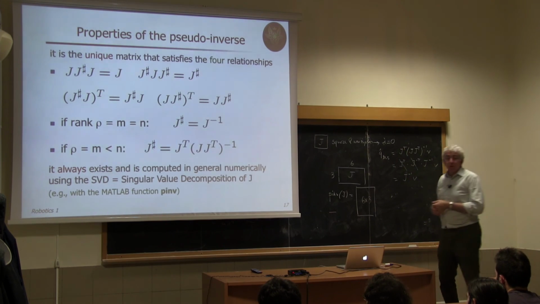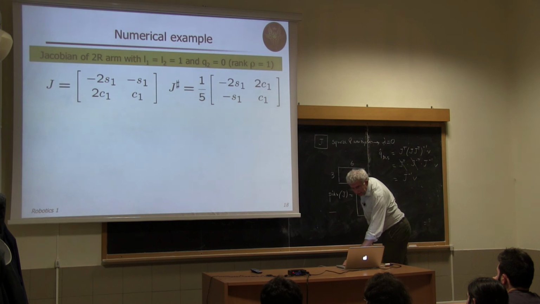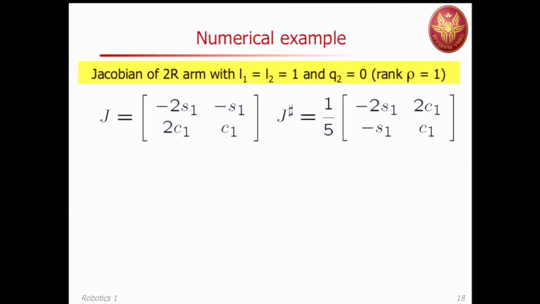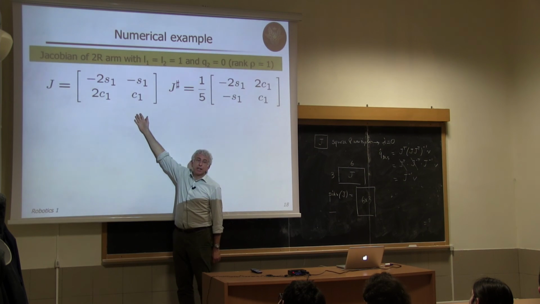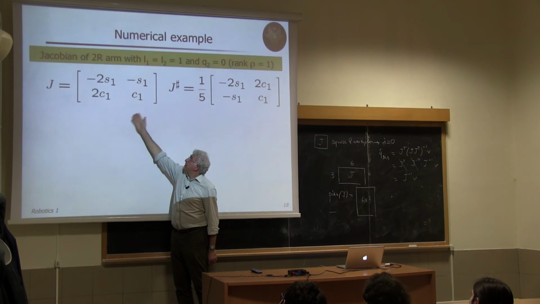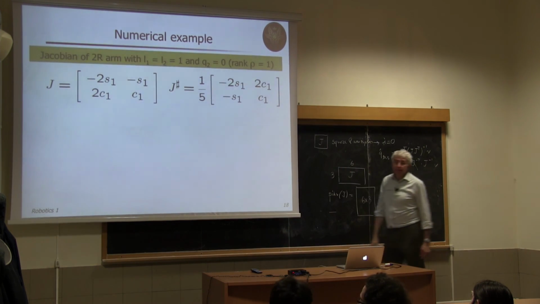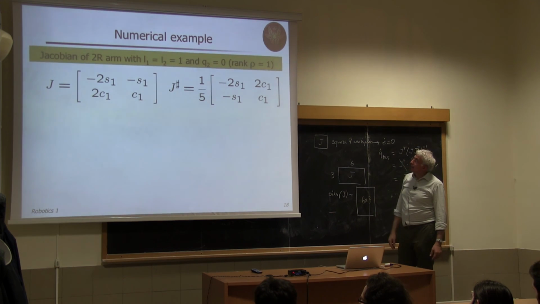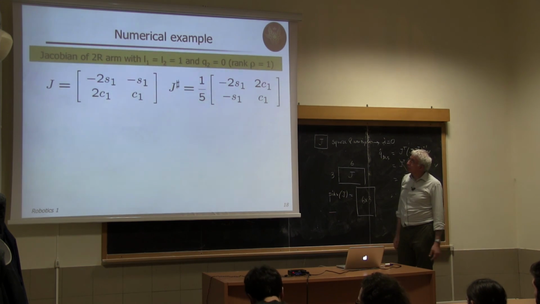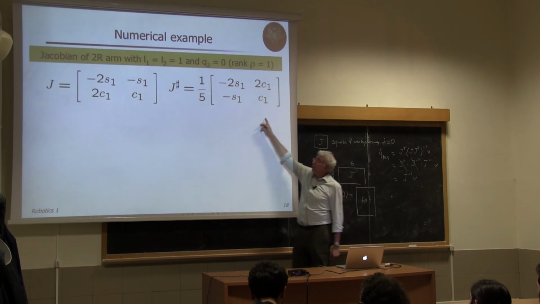which satisfies all this. For instance, if you have a 2R arm with L1, L2 equal 1, and you're putting your robot into a singularity, so Q2 equals 0, so the rank is 1, and this is the Jacobian for a generic Q1. You can see that the first column is twice the second column, so it's clearly rank 1, so determinant equals 0, and this is the pseudo-inverse of that.